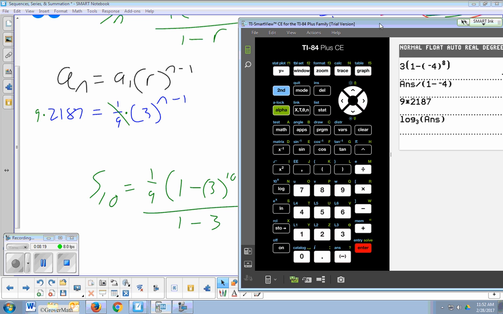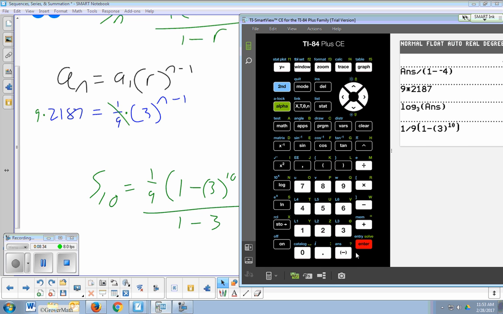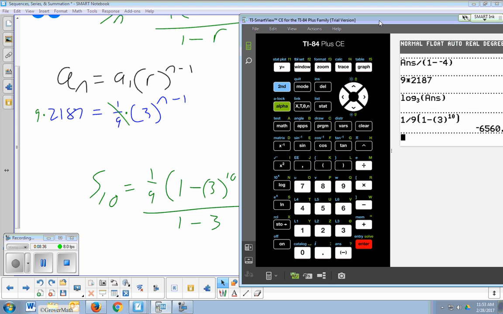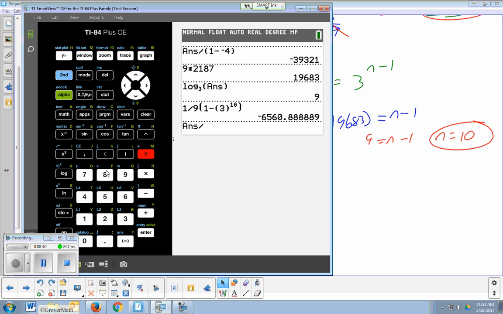Move this over a little bit so I can see what I'm typing in. So it was 1/9 parentheses 1 minus parentheses 3 raised to the 10th, close parentheses, and divided by 1 minus 3. So divided by parentheses 1 minus 3, or of course you could type divided by negative 2.